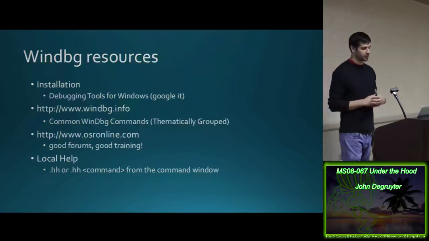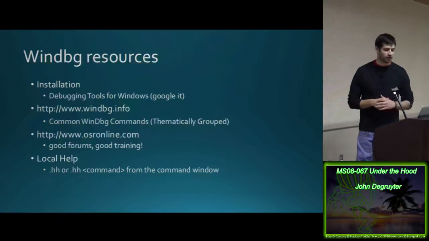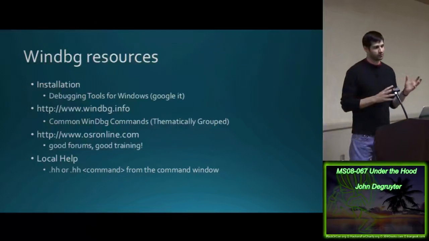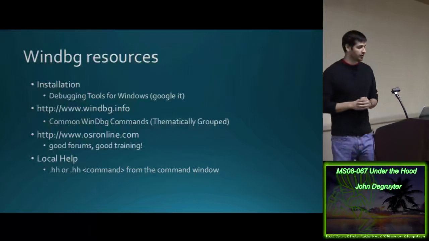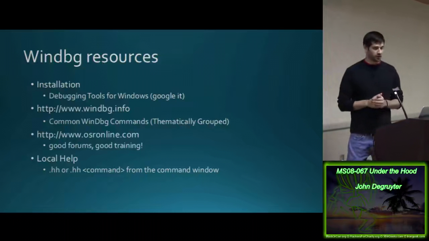I just wanted to mention some WinDbg resources. WinDbg.info is an excellent site. It's really well organized, and if you're getting started, it gives you the commands you need. OSR Online has some good forums for figuring things out when debugging. There's also some very good training there as well.